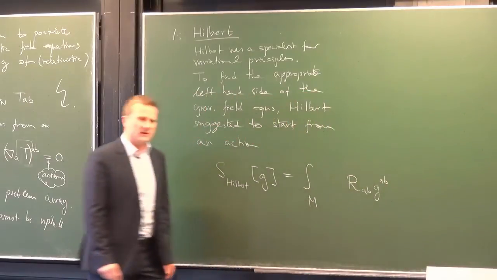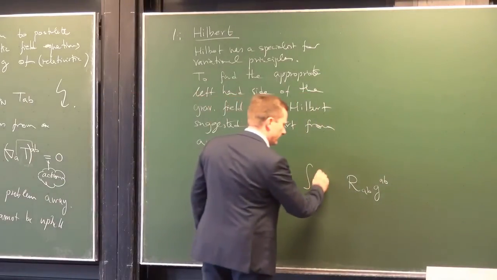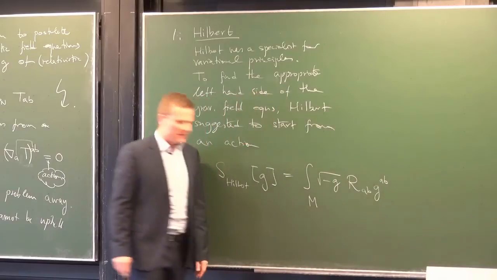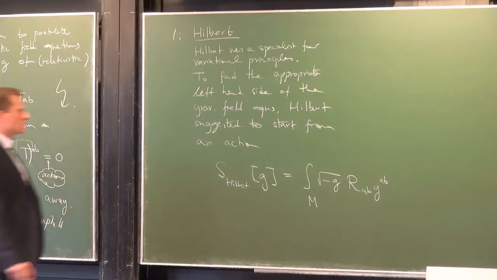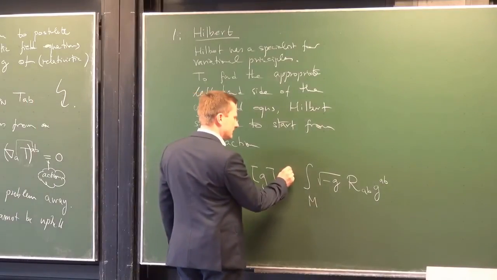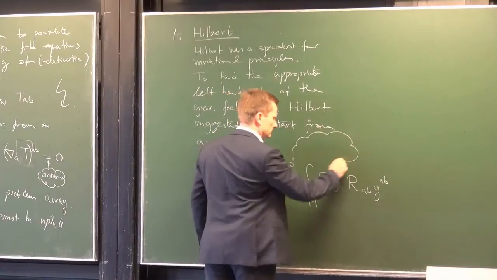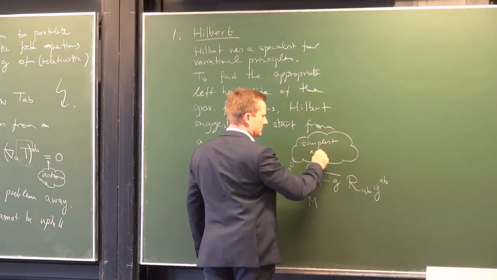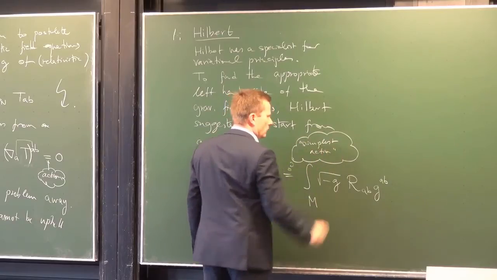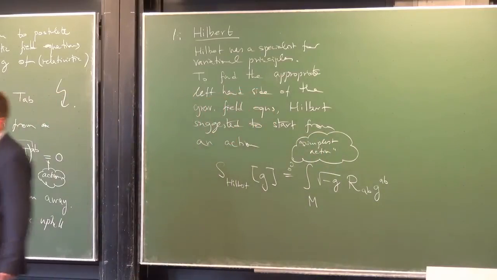That's the simplest function. But of course, if you integrate a function over a manifold, you need to have a density here in order to make the whole thing work. So by the rather obscure principle of simplicity, simplest action, one might arrive at something like this.